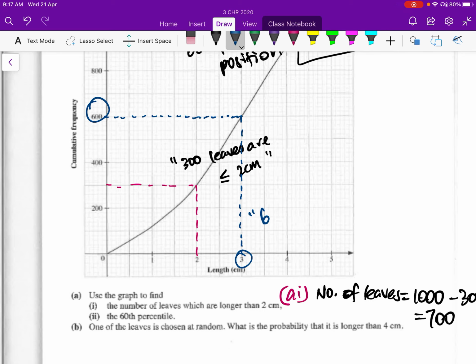You're answering the question from the book. The 60th percentile is 3 cm, correct, right? But I'm asking for the interpretation of these two values, 600 and 3 cm. What is the relationship? No. Don't listen to Ziguan. Yes, Aloysius. You use the example over here.